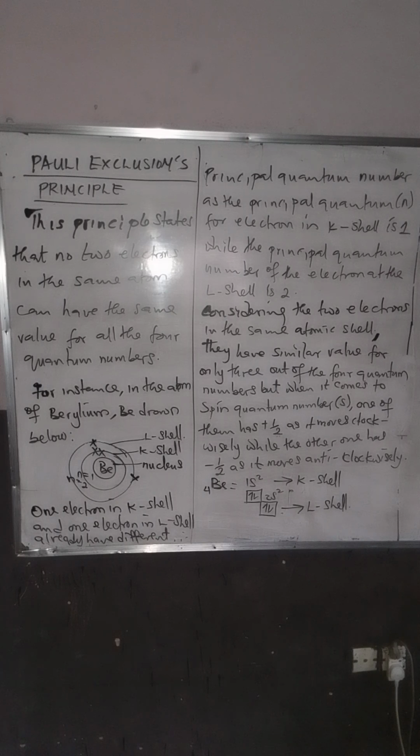The two electrons occupying the same atomic shell have the same principal quantum number, the same azimuthal quantum number, the same magnetic quantum number, but when it comes to the spin quantum number, they are different. Why? Because one will move clockwise, while the other will move anti-clockwise.